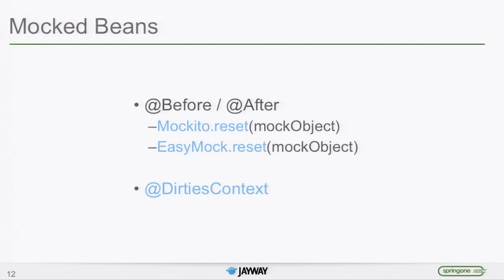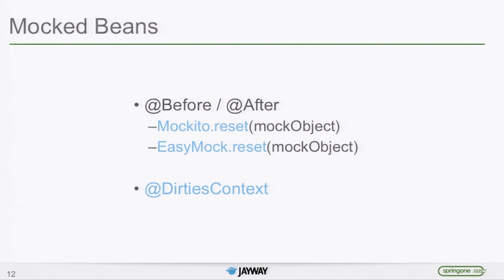And there's also one last thing to know here. If you create one application context and you deliberately change it somehow, for example, with the reflection test utils within Spring, which uses reflection and can replace private fields inside a bean, then you can use the DirtiesContext annotation.